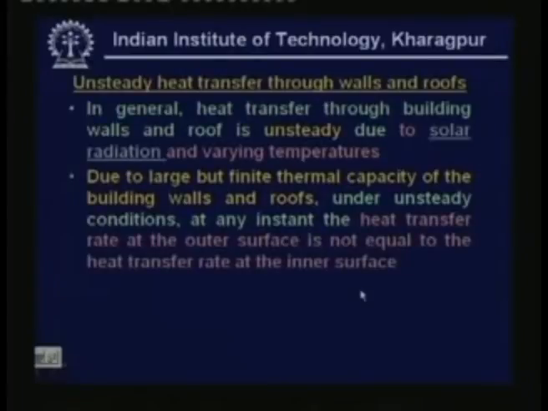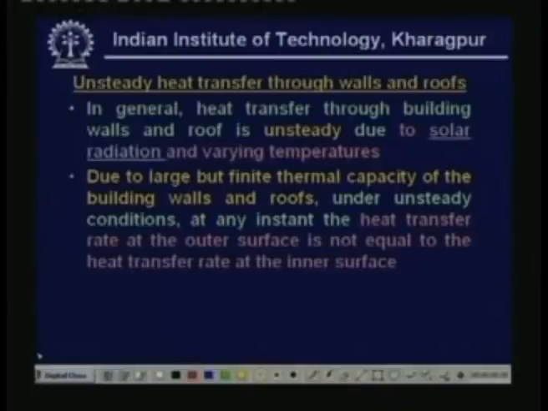As I said, due to the large but finite thermal capacity of the building walls and roofs, under unsteady conditions at any instant the heat transfer rate at the outer surface is not equal to the heat transfer rate at the inner surface. This is very important. What it means is, if you have the wall, let us say, this is outdoor and this is indoor. Heat transfer is taking place to the outer surface of the wall by radiation and also by convection.